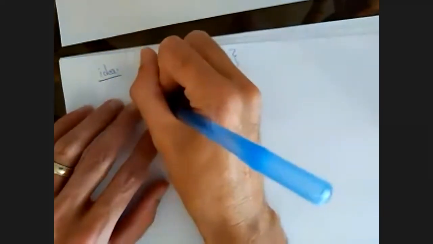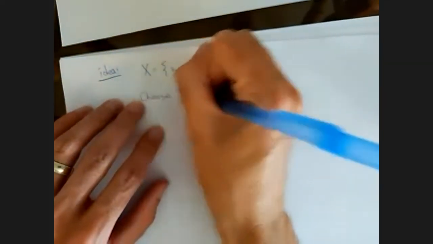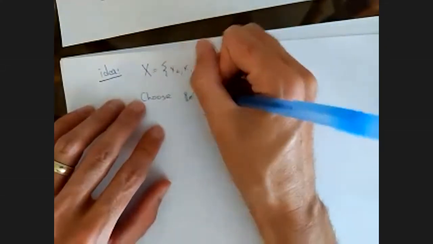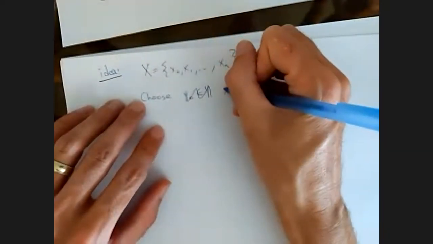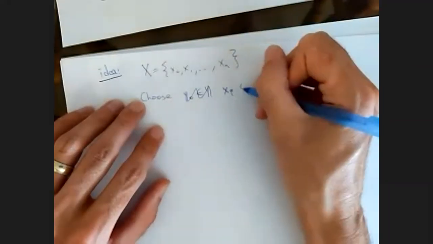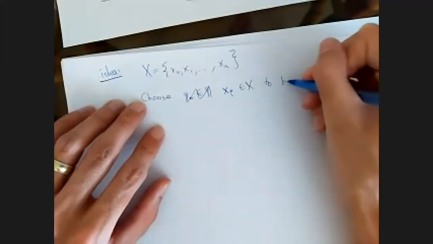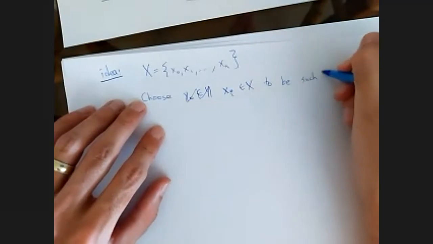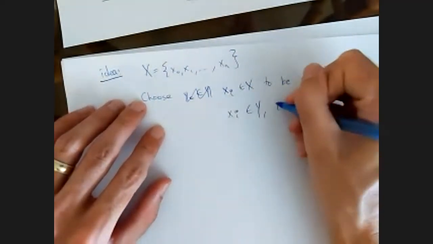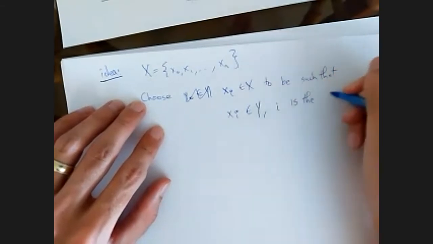Now choose Xi in X such that Xi is in Y and i is the least possible i.